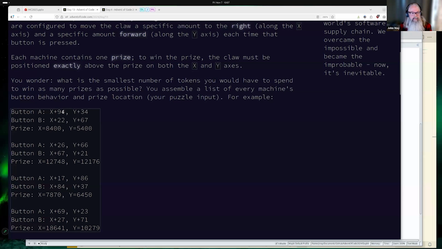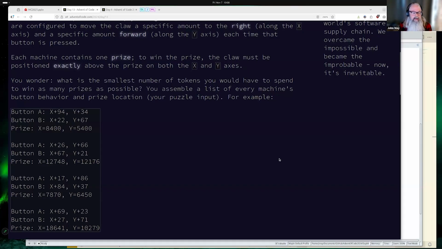This is going to be A times 95 plus B times 22 equals 8,400, and then A times 34 plus B times 67 equals 5. So you have two simultaneous equations, and they need to have non-negative integer solutions.